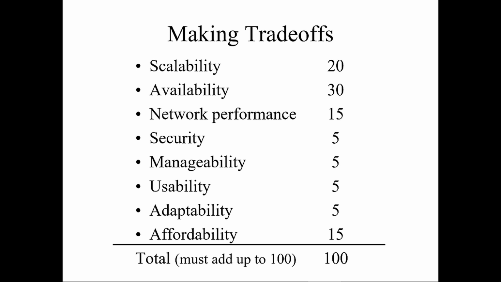For example, if security is huge, but scalability is not that important, we may lower scalability down to 15 and increase security up to 10. So again, this is all making the trade-offs for your specific situation.